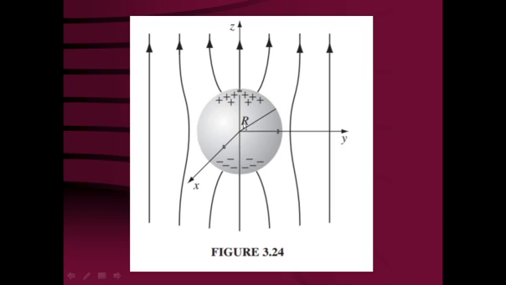Now, because of this metallic sphere, you understand there is a negative charge as well as a positive charge, and there are free electrons, that is a negative charge.